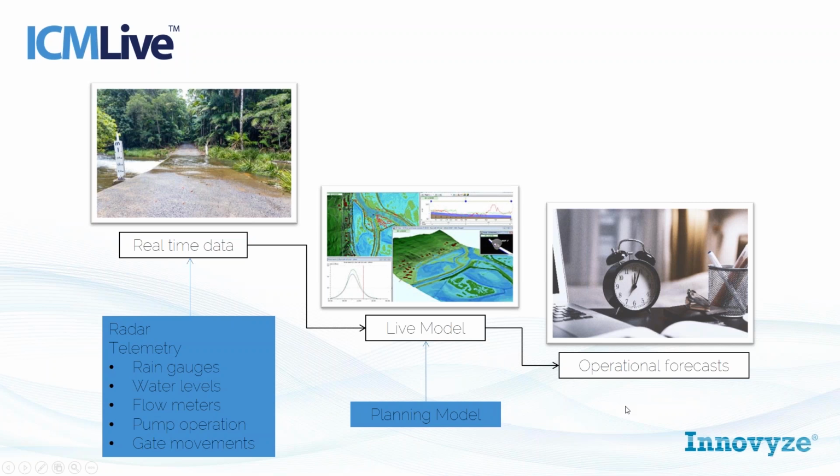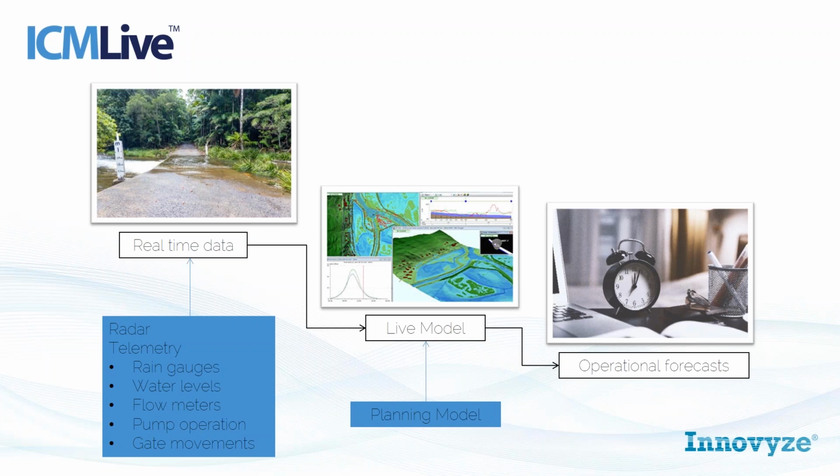So the key components of ICMLive are simply it links to telemetry and other data sources to receive real-time information. It runs regular automatic simulations. So it's automatically updating the time series database and then kicking off and running the simulation.